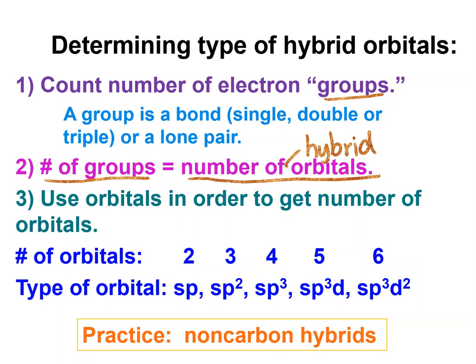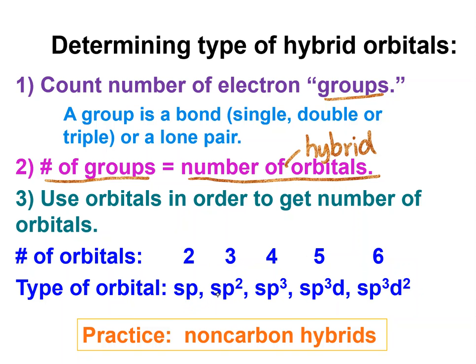From the number of hybrid orbitals, you can get the type of orbital. Look at these types. You see how they're in order? You have to have at least 2 to make a hybrid, right? 2 to 3 and so forth. These are the only possibilities.